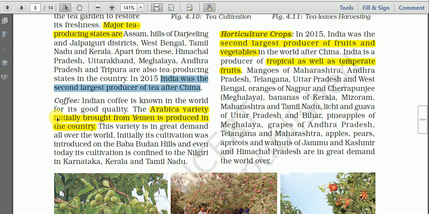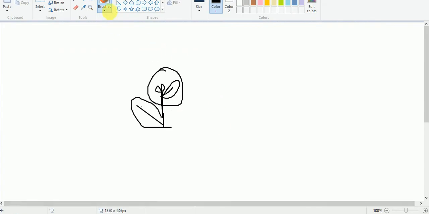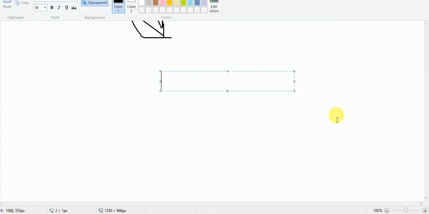Next we have coffee, another beverage. Indian coffee is known in the world for its good quality. Generally we have two types of coffee.